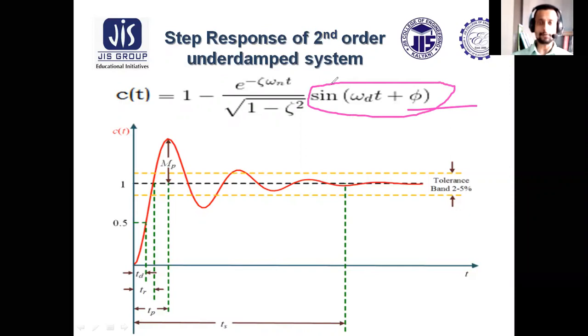But this sine part is associated with an exponentially decaying component. So it is a damped sine wave with exponential decay. But as this exponential decay is subtracted from a constant, it will be exponentially increasing.